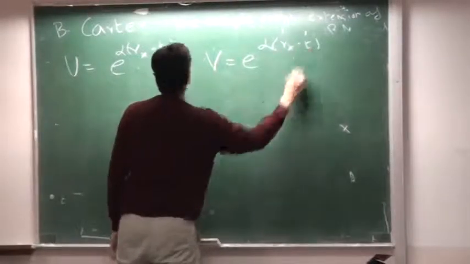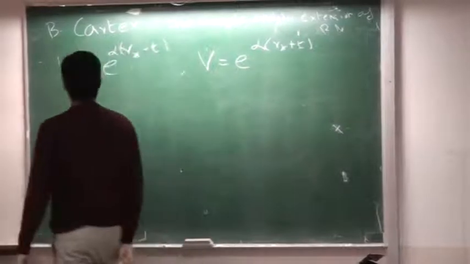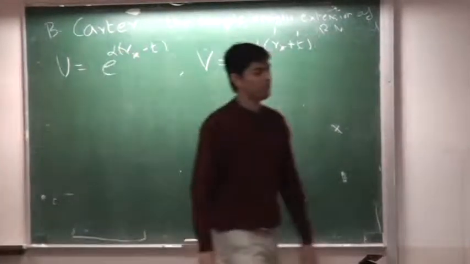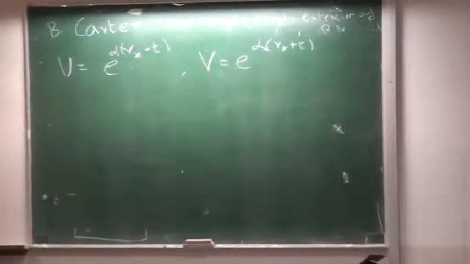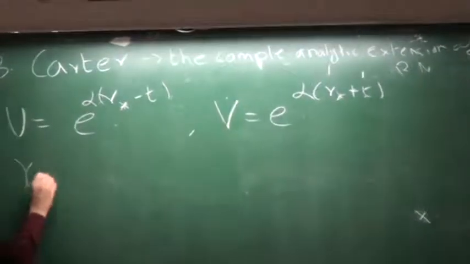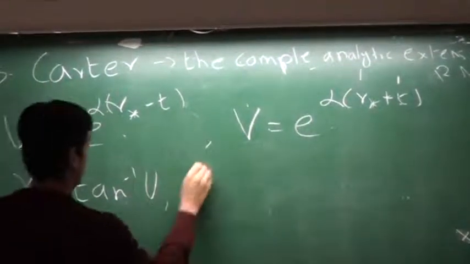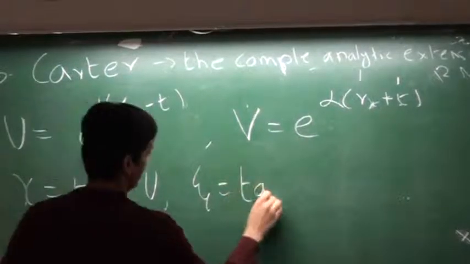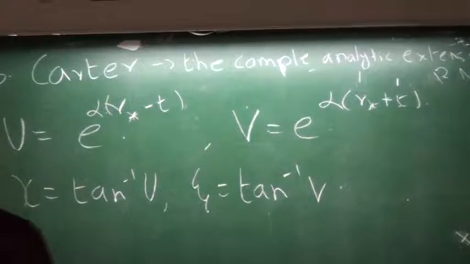Now it turns out that after this r star plus t, you remember we introduced at the end of the last lecture these coordinates and inverse u. So these were the coordinates we used to draw the Penrose diagram, these chi and zeta coordinates.